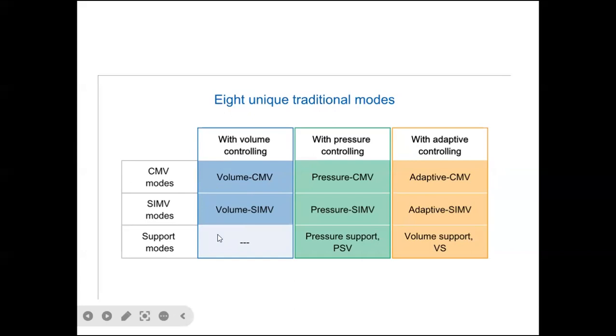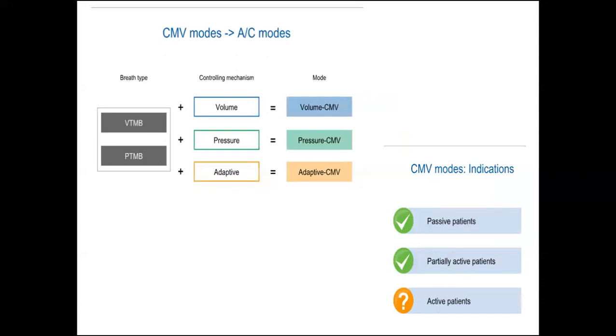In support modes, you cannot keep the volume control because it is only pressure control there. So it is PSV, and when you do adaptive controlling, it becomes volume support. Adaptive support means keep varying with each breath, like your PRVC. Don't need to remember about this.